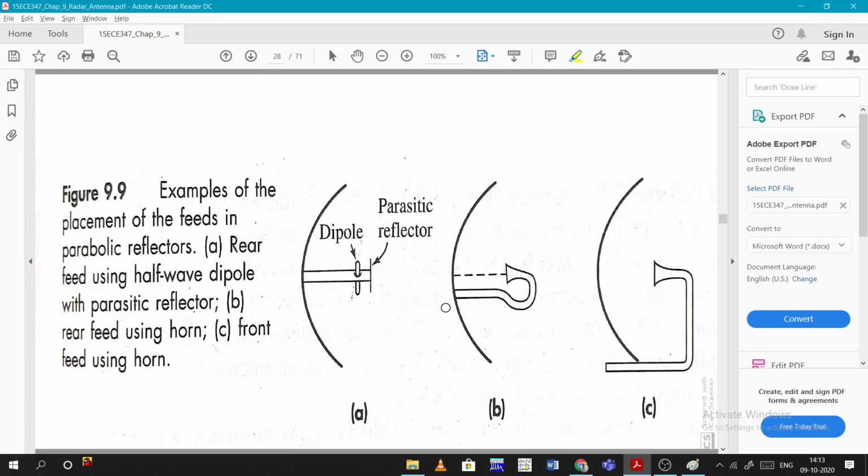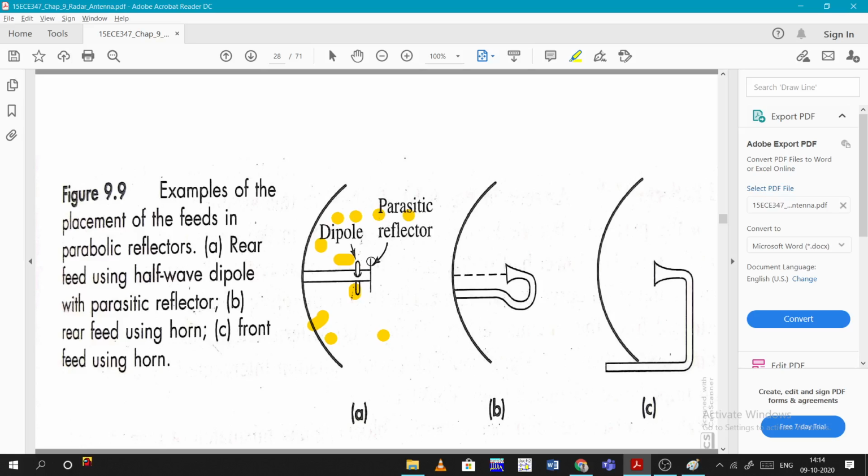There are three types seen here. One is a rear feed using a half wave dipole with a parasitic reflector. Here there will be a source, and the dipole will emit these waves and make them parallel. Now what happens to the other half? They do not only go in this direction, they also go upwards.